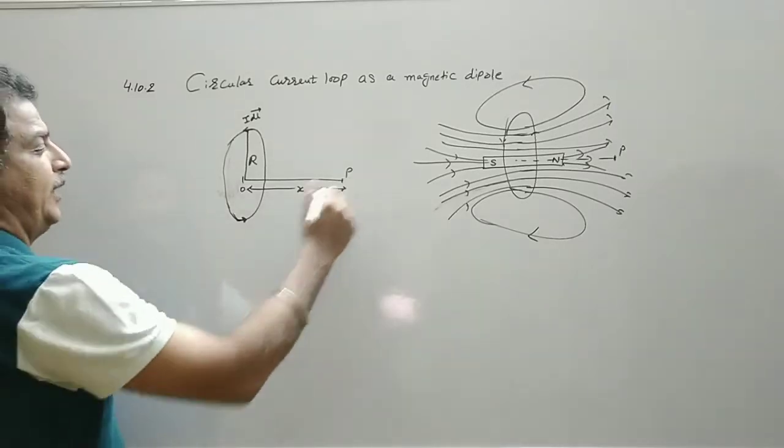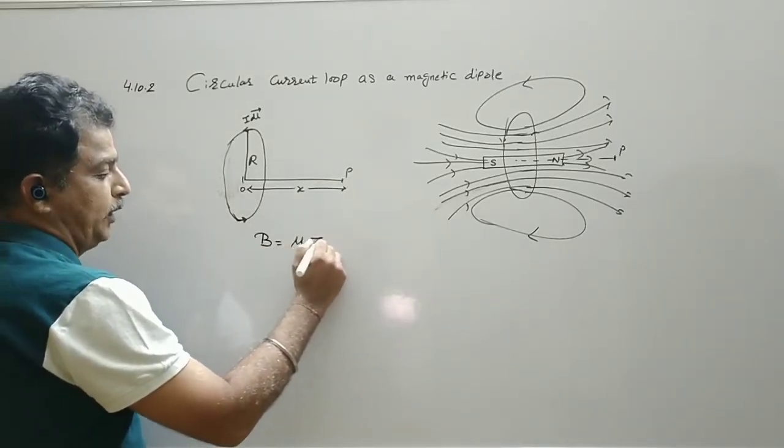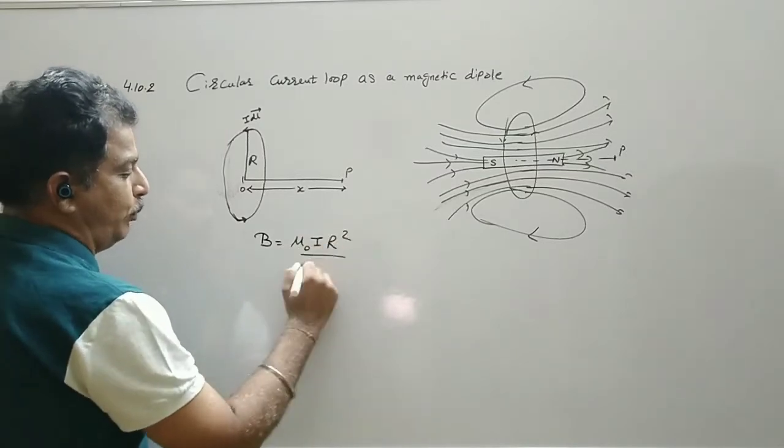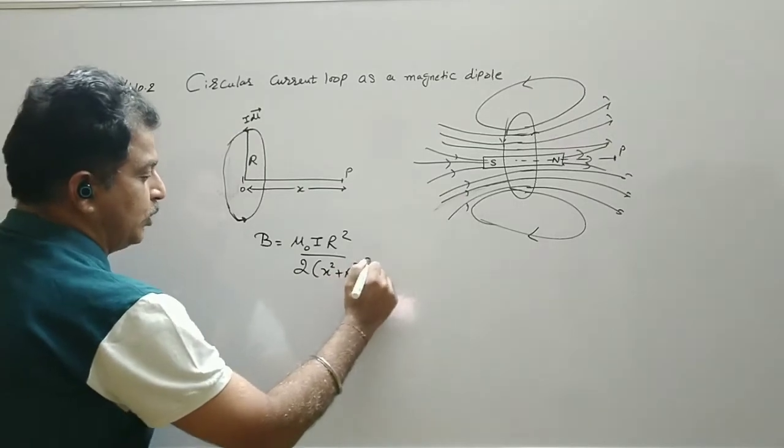The magnetic field intensity at point P is given by mu naught I r square upon 2 times (x square plus r square) raised to 3 by 2.